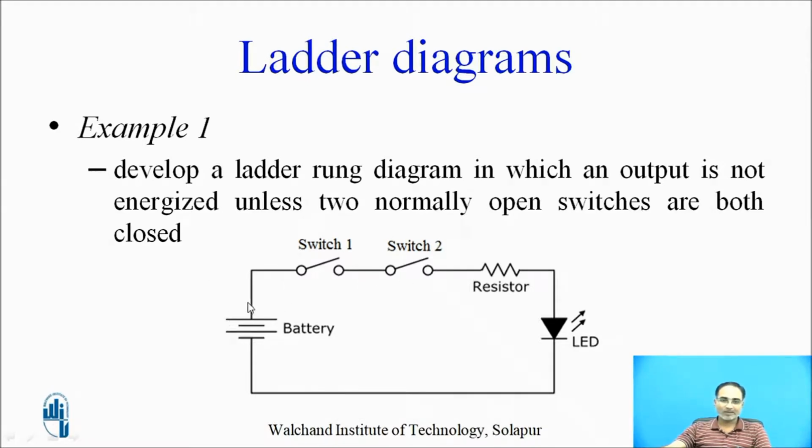Here this is the input supply, then switch 1, switch 2, and an LED connected in series. When these two switches are closed, then and only then will this LED glow, otherwise this LED will always be off. So if you observe, this is a simple AND operation.